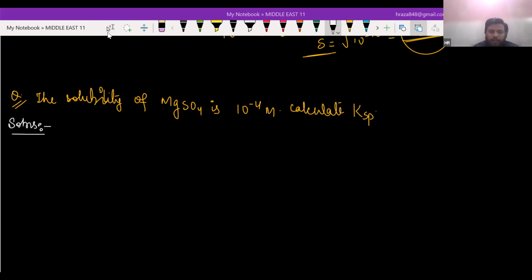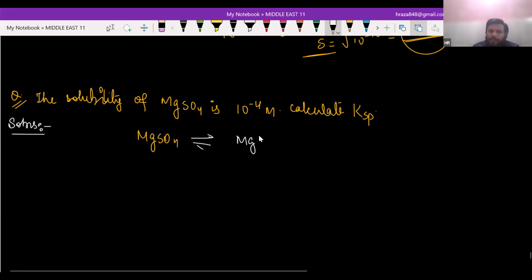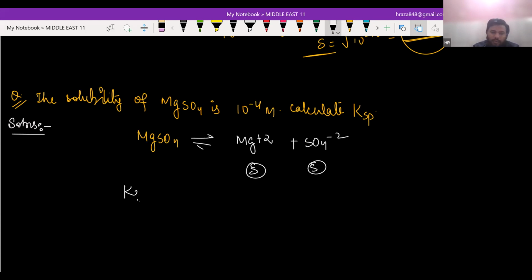Ten raised to the power minus 8 mole per liter. Okay, you can see that. Saif, very good. MgSO4 will give Mg plus 2 and SO4 minus 2. Their solubility will be S and S. So Ksp will be equal to S square.